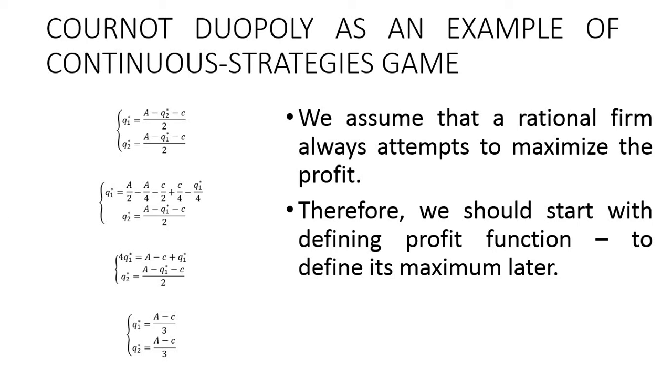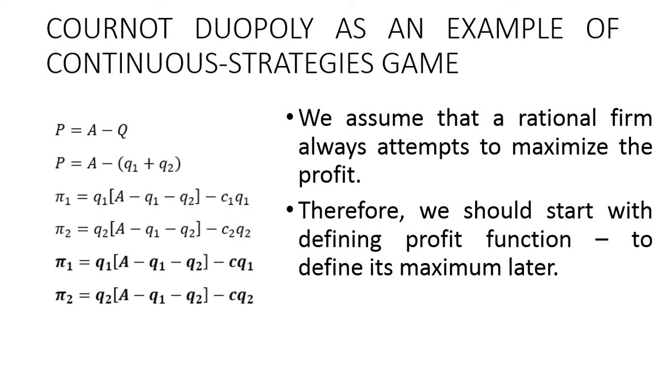Okay, so before we proceed to some other examples, I would just briefly summarize the algorithm of solving games under pure continuous strategies. So first, you have to define the payoff function, not necessarily a profit function, just the payoff function, which of course will depend on the strategy implemented by the first player and other players.